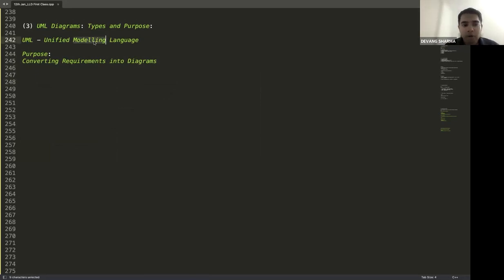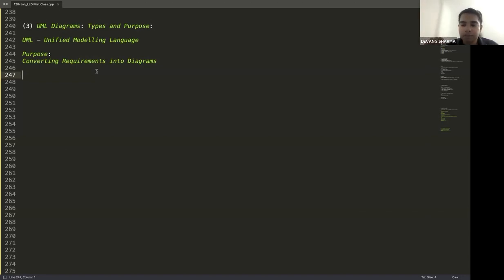Whatever requirements are given, irrespective of how you implement it, which code, design pattern, language or tech stack you use, they will always be the same. UML diagrams denote how a requirement should be converted into diagrams, and then you can decide upon the tech stack, language, and framework. But this will remain common across all the projects.